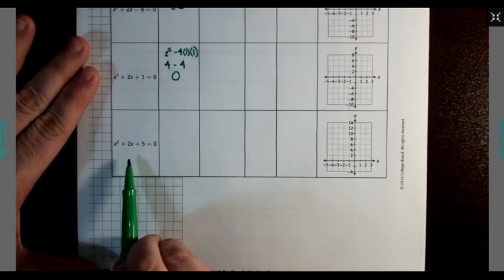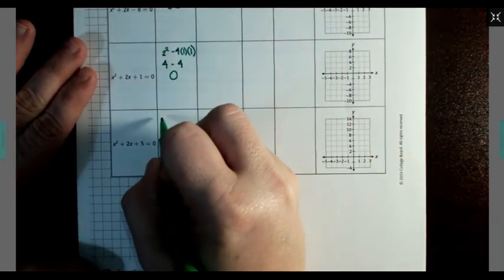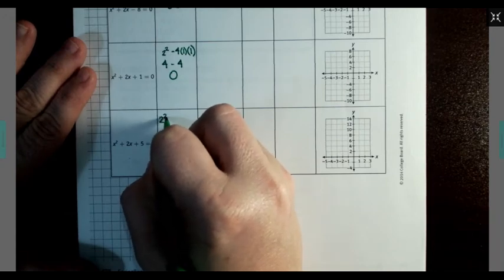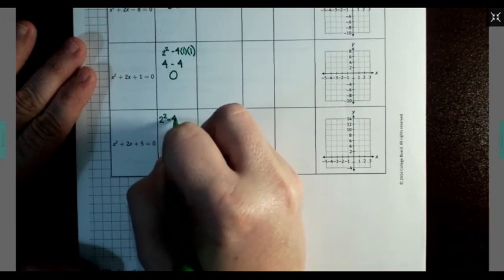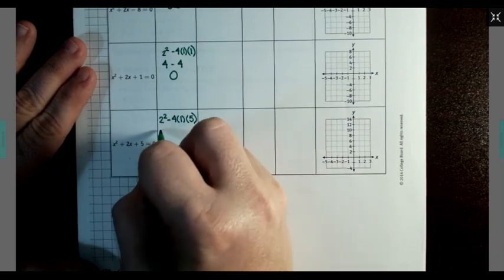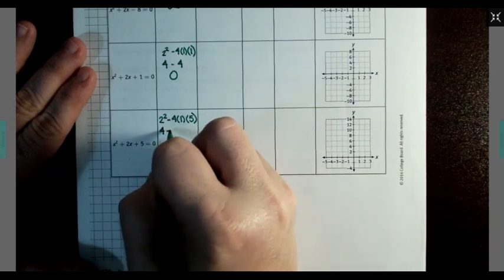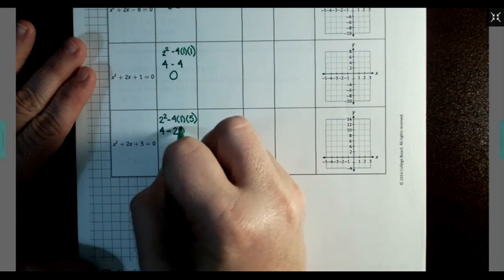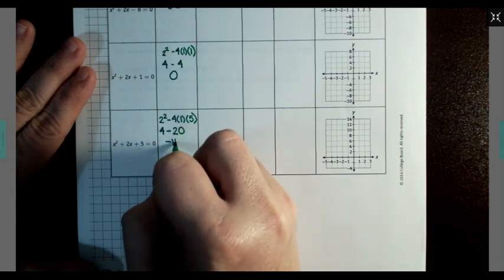Let's take a look at the discriminant here. We've got 2 squared minus 4 times 1 times 5. This is going to be 4 minus 20. 4 minus 20 is negative 16.